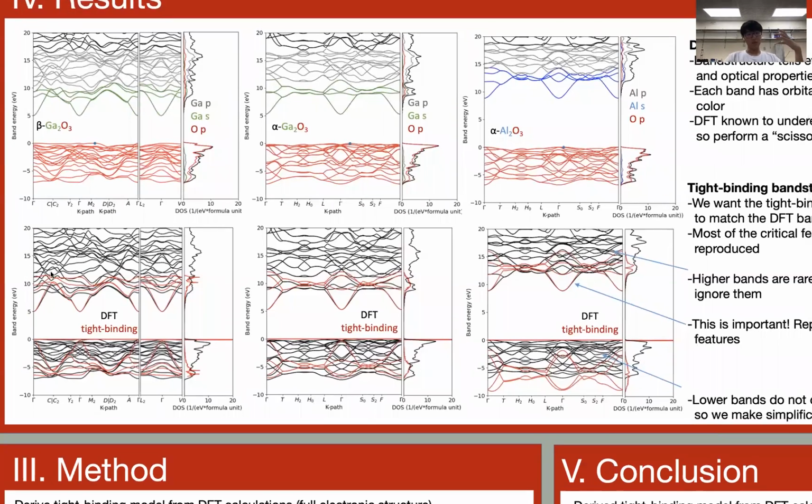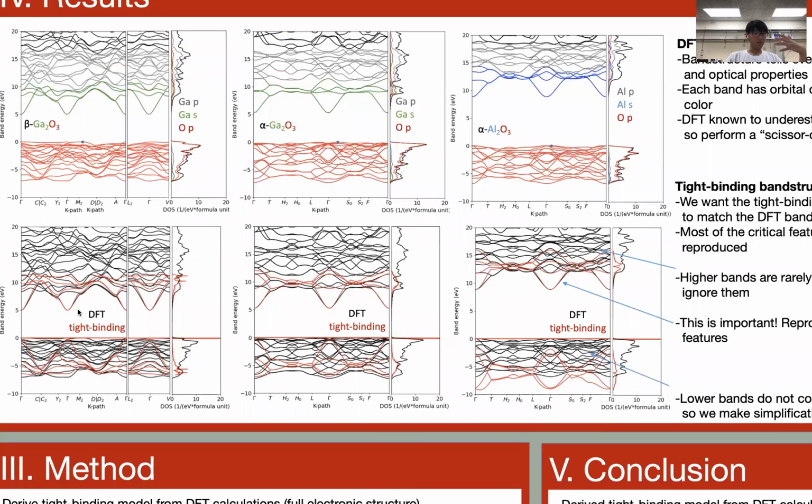Now, if you go to the second row, I am plotting the band structure generated from the tight binding model, comparing with the DFT band structure. What we want is to have the tight binding model reproducing the DFT band structure as best as possible while making it computationally cheap. That means we want to make some simplifications.